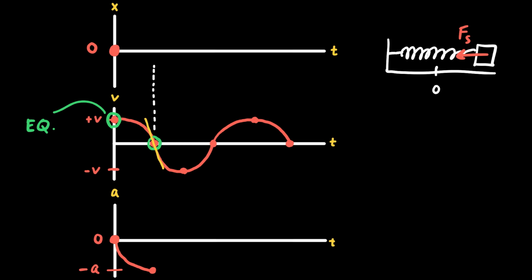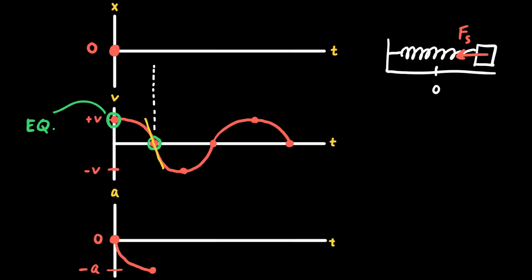And so once again, I know that for the second dot that I've drawn, the velocity is 0. If the velocity is 0, the acceleration must have a maximum value. But because the slope of that line was negative, I know the acceleration is negative. And in the picture that I've drawn, a negative acceleration means that the acceleration points to the left, which is the direction of the net force.